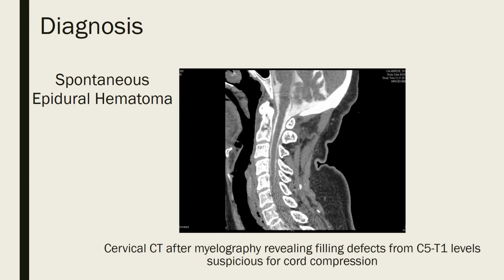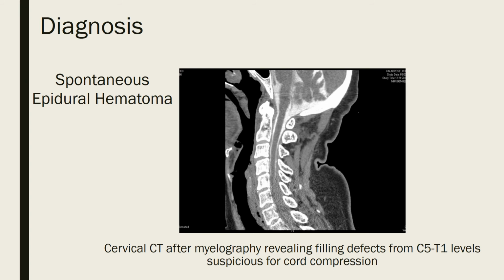After the patient had the intrathecal contrast injected back in X-ray, the patient underwent the CT portion of the exam, where they found evidence of a filling defect between levels C5 through T1, as shown in this image, with the spinal cord being compressed.